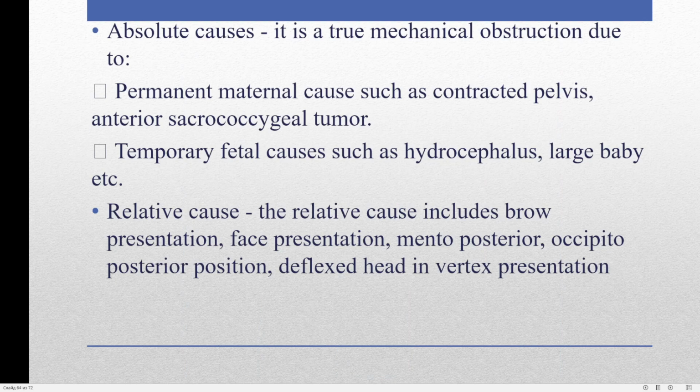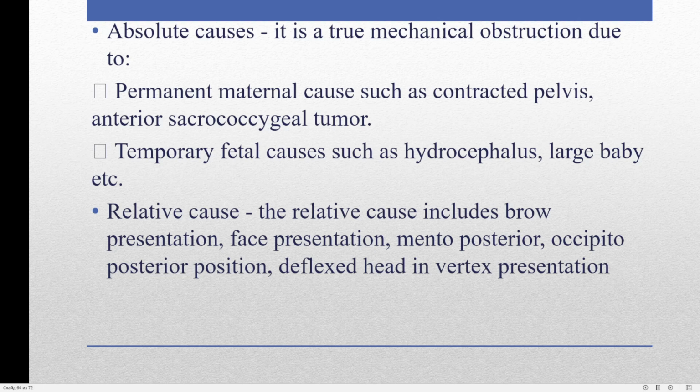Absolute causes are permanent maternal causes such as contracted pelvis and anterior sacrococcygeal tumor, and fetal causes such as hydrocephalus and large baby and others. It depends on what obstruction. Absolute if there is mechanical obstruction.